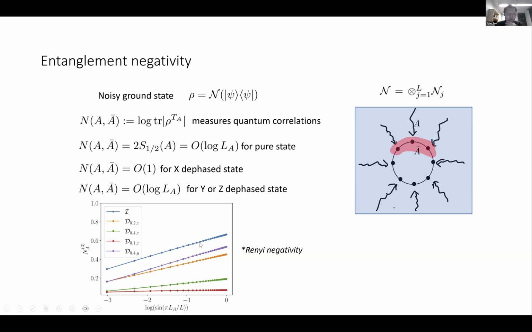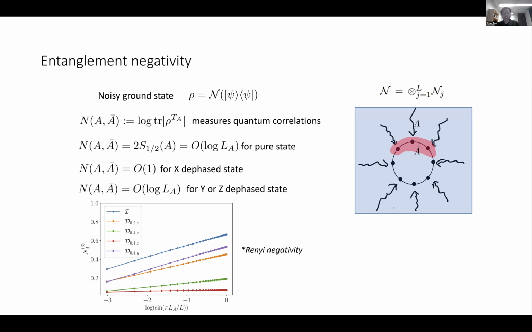But for Y and Z, you still get this log behavior with the connectivity. That means that long-range quantum correlation still exists there. That is why the code can tolerate Y and Z dephasing. That also gives us a unification of the mixed state phase and quantum error correction property.